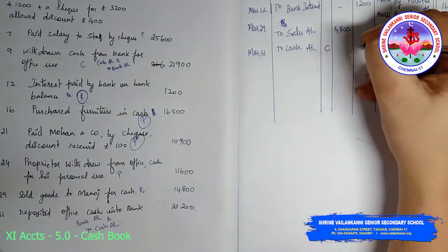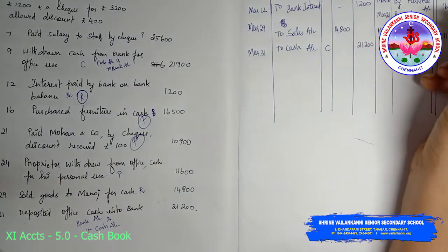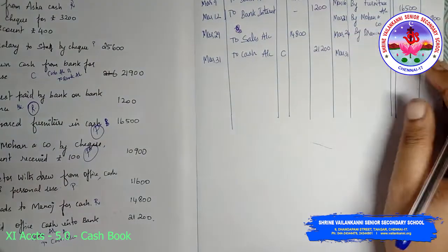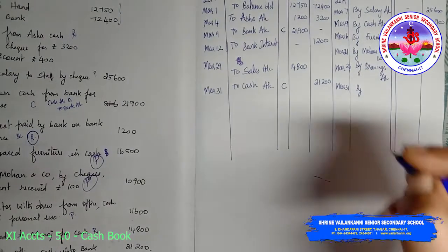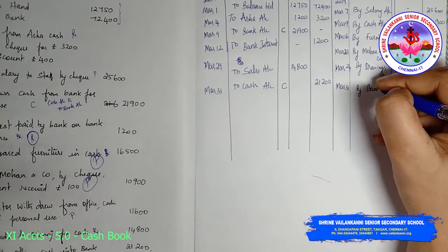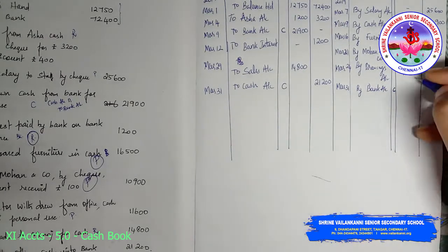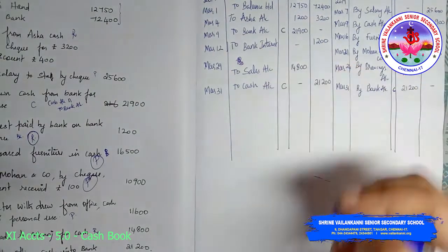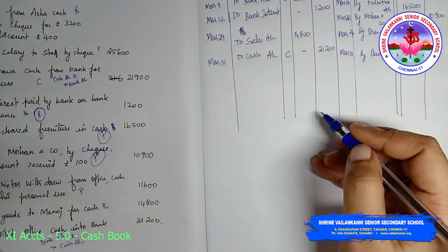Under the bank column you are supposed to write the amount 21,200. March 31, by bank, contra entry. In the cash column, 21,200.